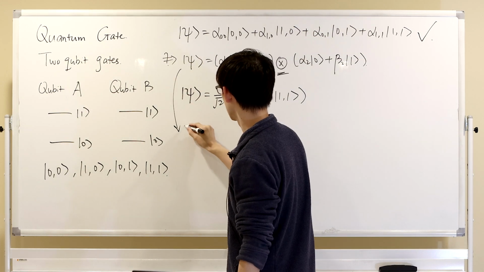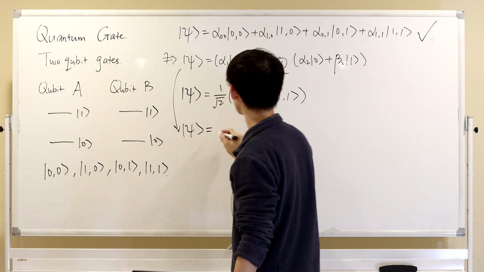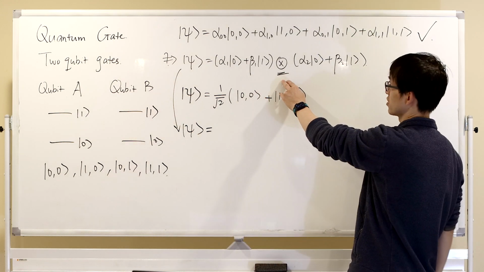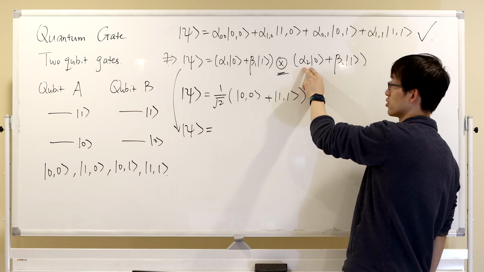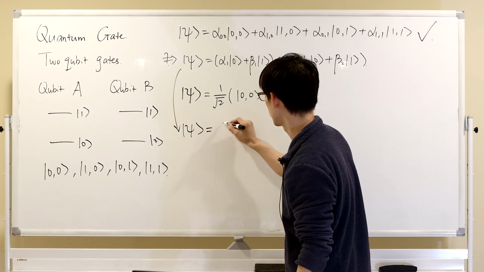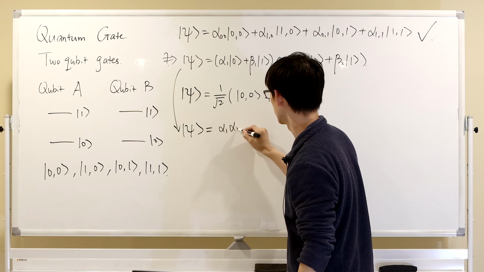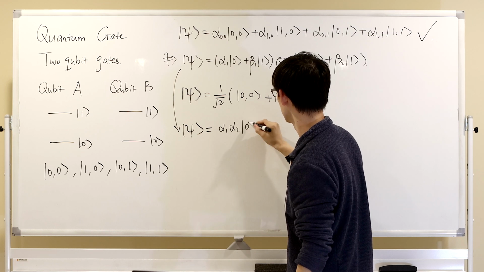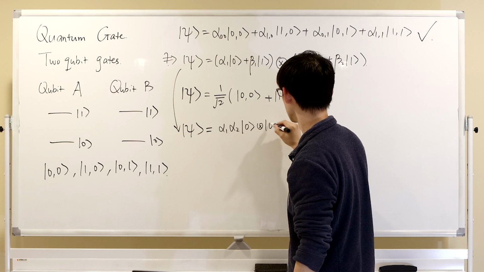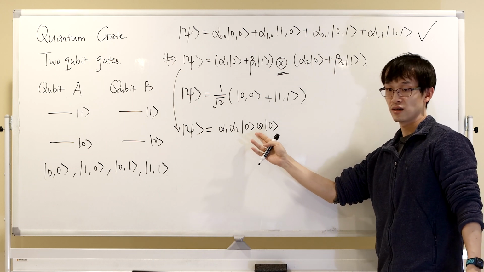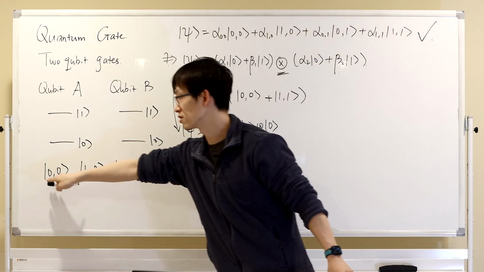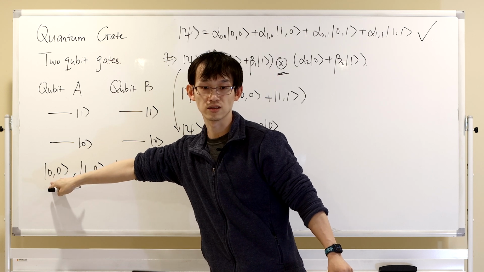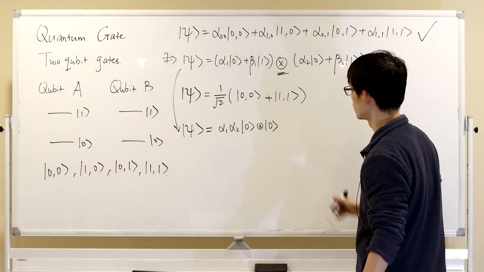If you write things down as individual qubits, take this as a simple multiplication: alpha 1, 0 times alpha 2, 0. So you write them down together, alpha 1 alpha 2, 0, 0. First qubit at 0, second qubit at 0 is the same as 0,0, just an expression of your state.